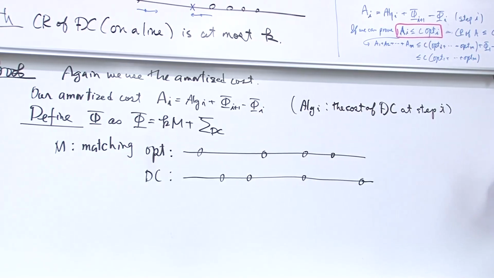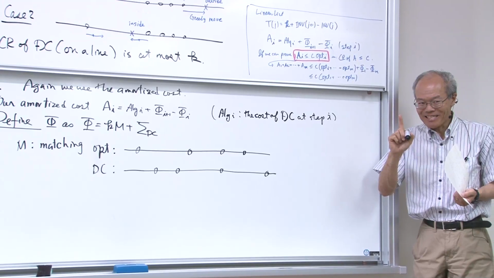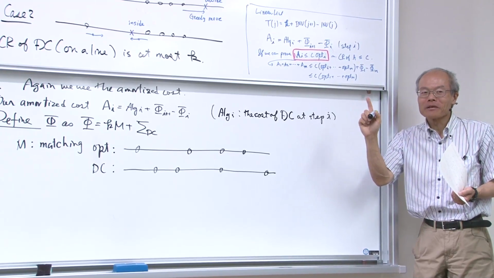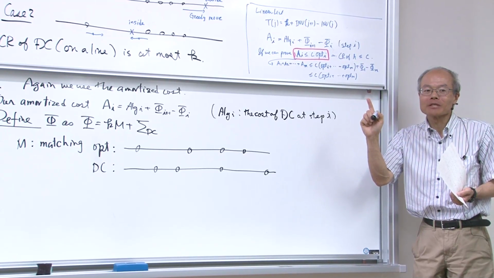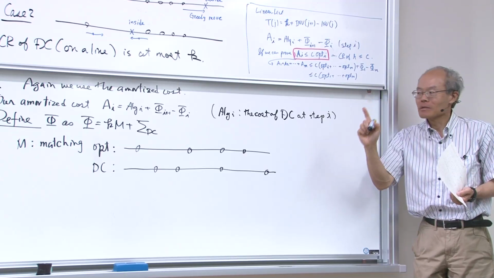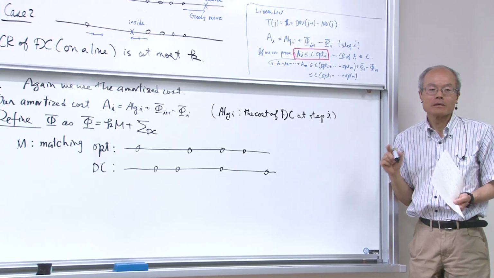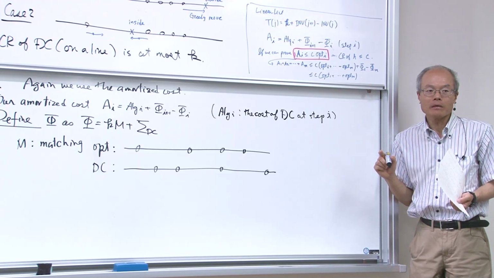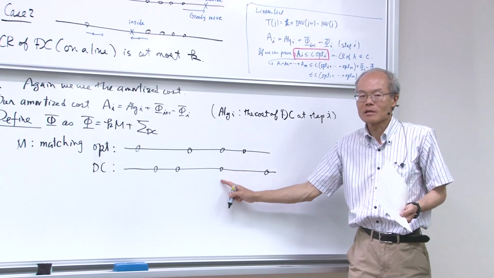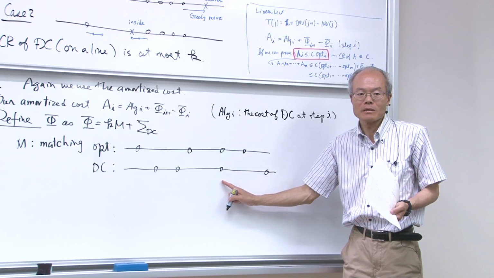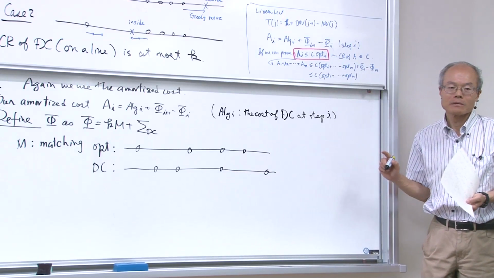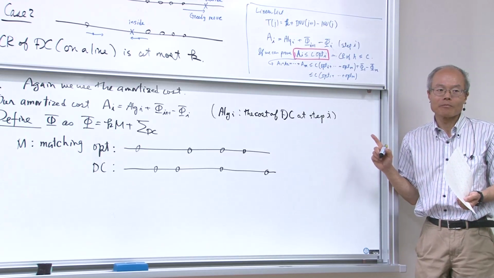Okay. Just notice, there is at least one server whose position is the same. In this case, this position is the same. There's at least one server whose position is the same. Why? Because this is the last request. Right? So at least one position is the same.